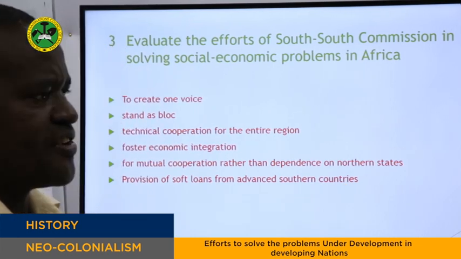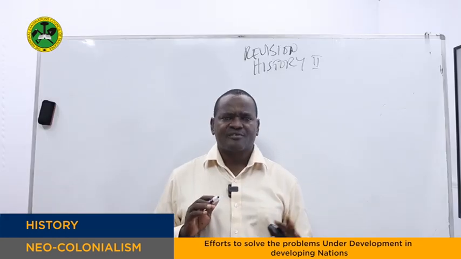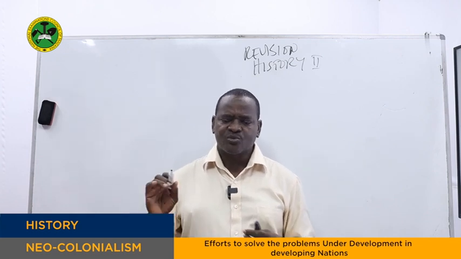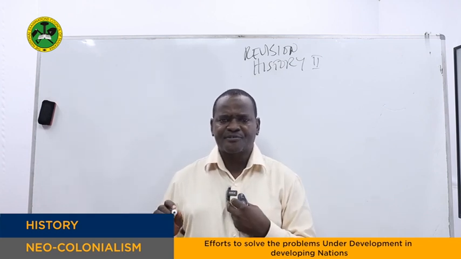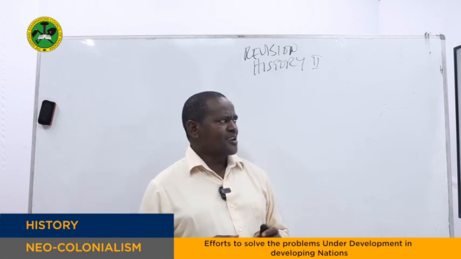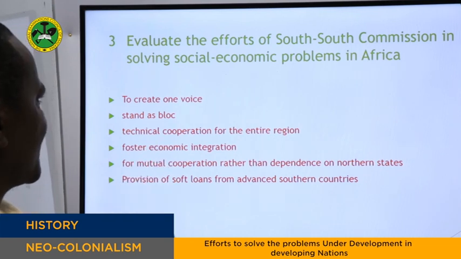As I said, southern countries are not of the same level. Some are advanced and others are not. For instance, Brazil, India, China can give other developing countries some soft loans to help them develop, and so on.